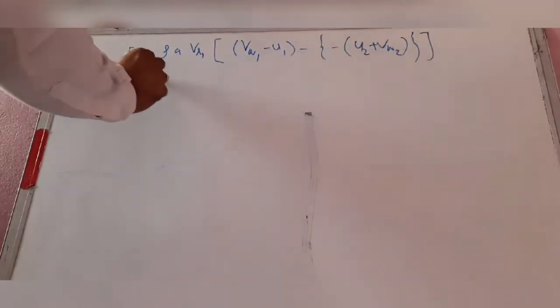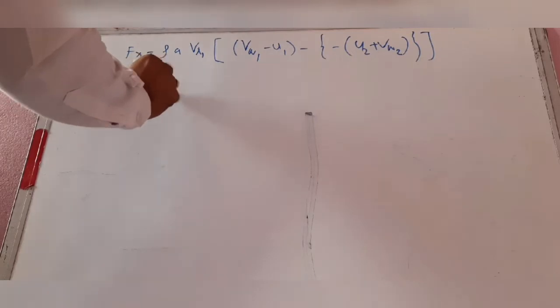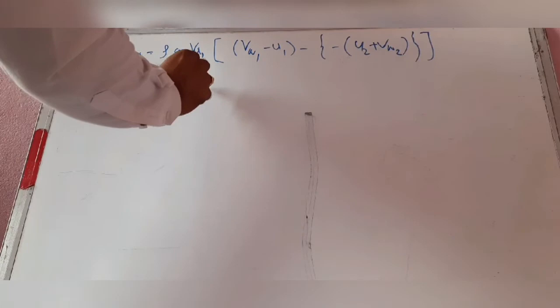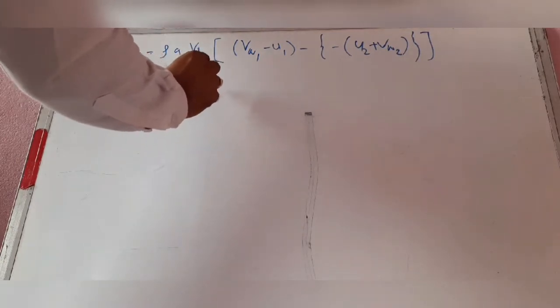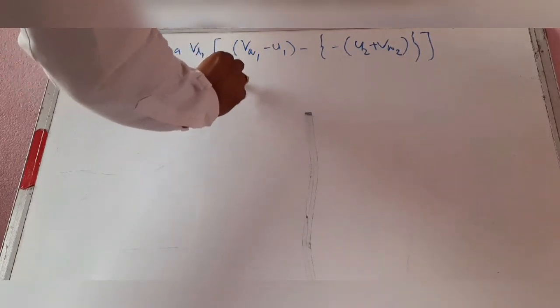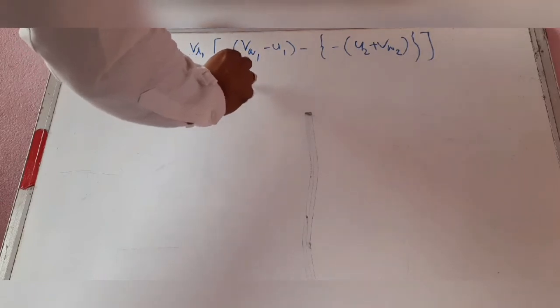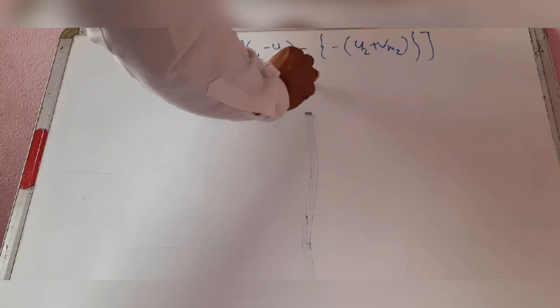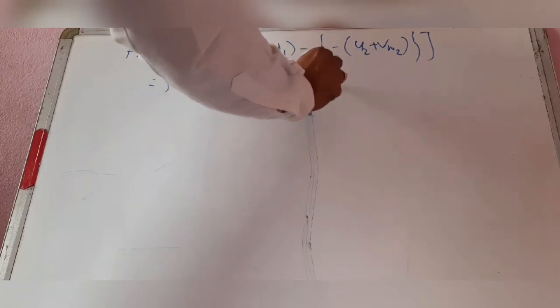So these are rho a vr1, vw1 minus u1 plus u2 minus vw2.